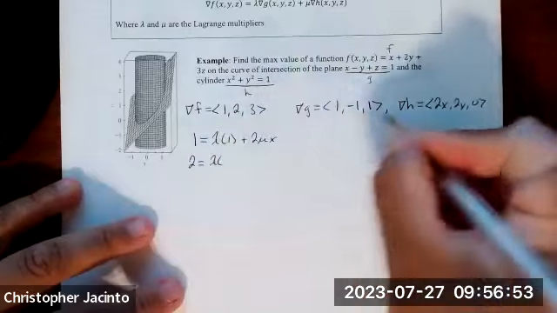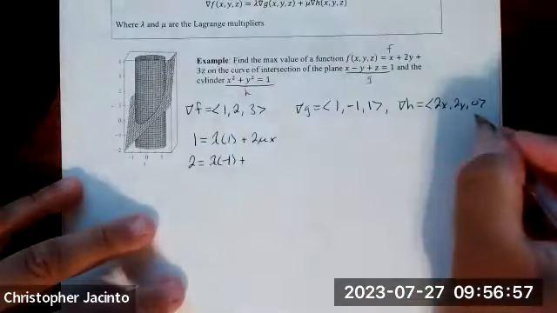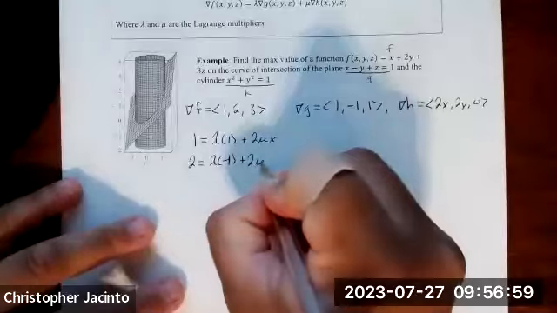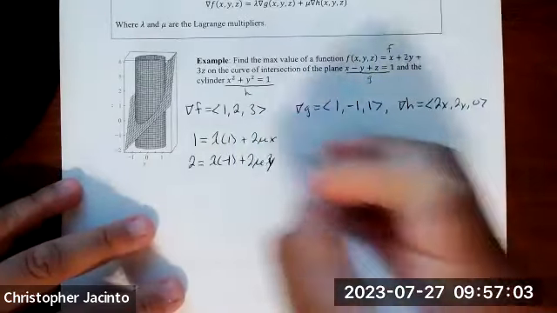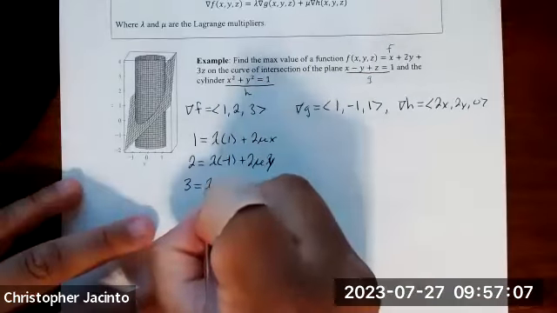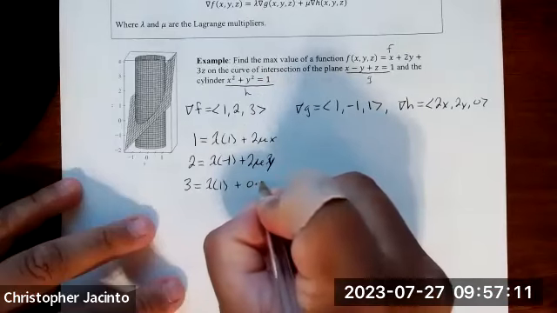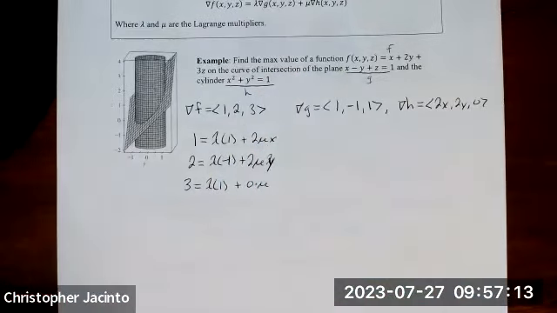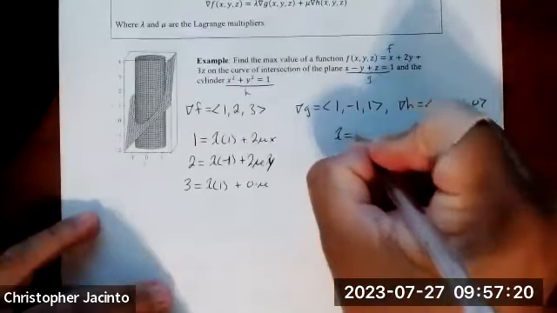So lambda times -1 plus 2 mu y. And then finally 3 is equal to lambda times 1 plus 0 times mu. So this is nice because right off the bat, we already know lambda equals 3.